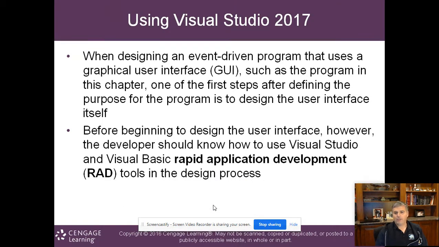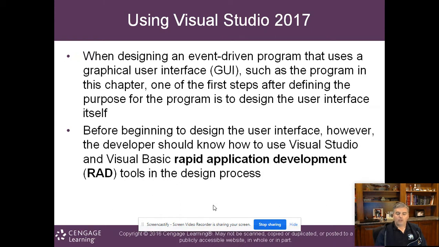So when designing an event-driven program that uses a graphical user interface, such as the program in this chapter, one of the first steps after defining the purpose of the program is to design the user interface yourself. Before starting this design, you're going to want to learn how to use some of the tools that Visual Studio and Visual Basic provide. Those are considered RAD tools, or Rapid Application Development tools.